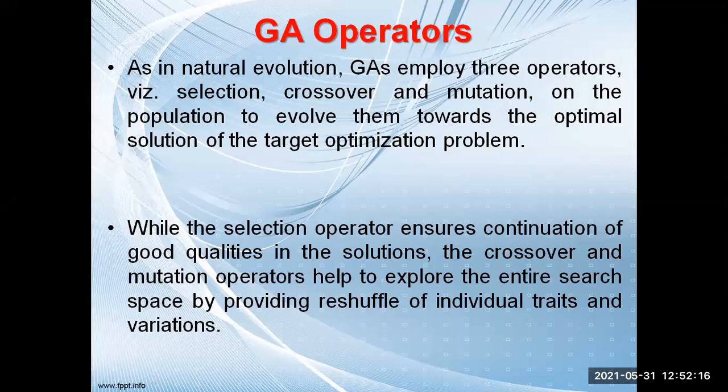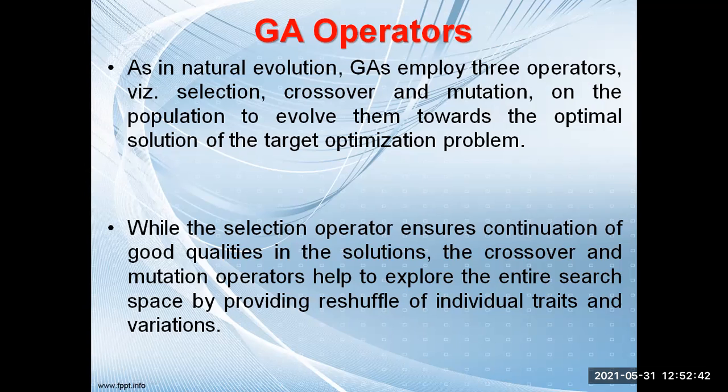We'll see that in detail, one by one, step by step. And then crossover and mutation will explore the entire search space and find the best or optimum solution by reshuffling of the individual traits and variations.